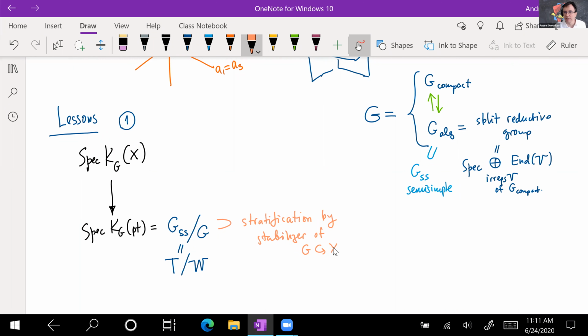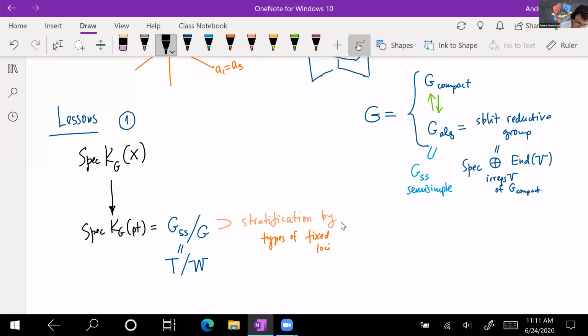No, sorry, I'm saying this incorrectly. I apologize. This is the stratification by what the fixed loci are like. The projective space is a homogeneous space, so of course all the stabilizers are the same, but this is the stratification by types of fixed loci.